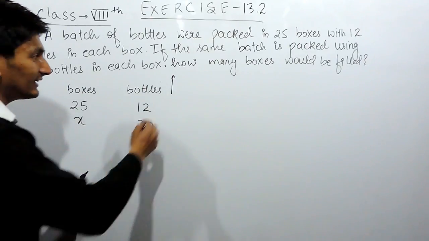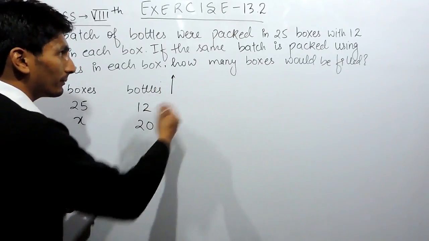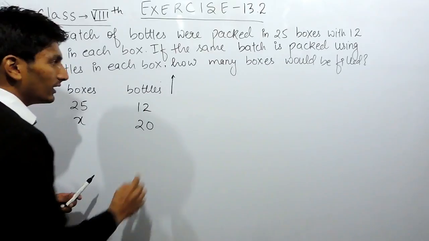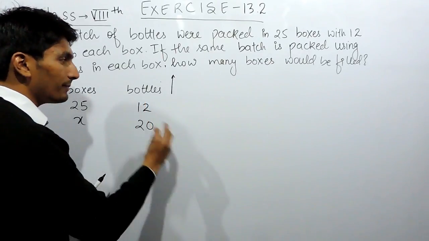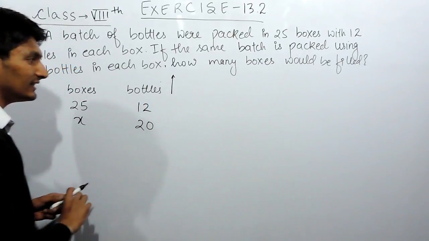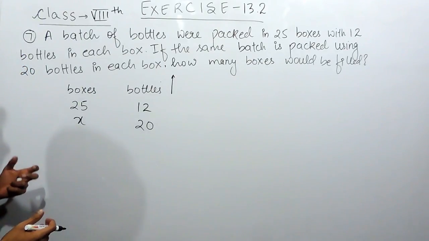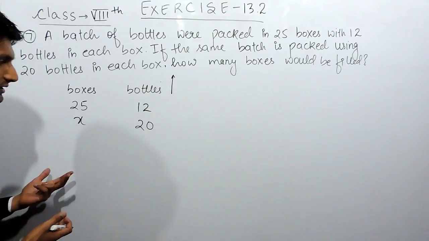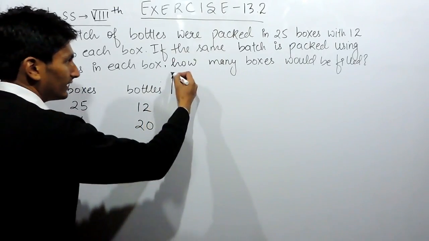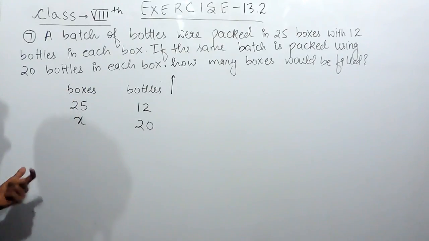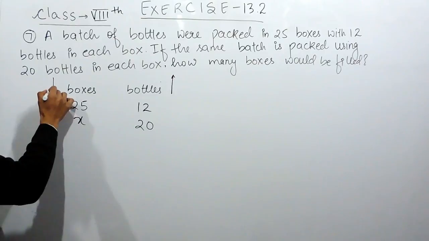If I decrease the number of bottles per box, means now instead of 12, if I'm packing only 5 bottles in a box, obviously this complete batch will be placed in more boxes. So when we increase the number of bottles per box, the number of boxes decreases. So this is a case of indirect proportion.